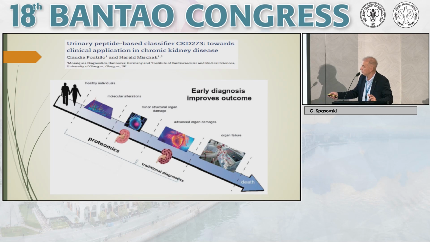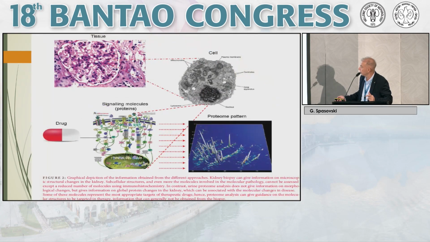We can have proteomics before the structural lesion has developed. That is the advantage of proteomics, because the first leaks of small peptides, when combined together, as we are going to see thereafter, can indicate the risk of fast progression to CKD. And when we have organ failure, we can only have a new transplantation, nothing else.